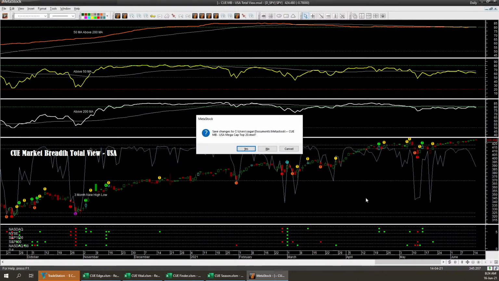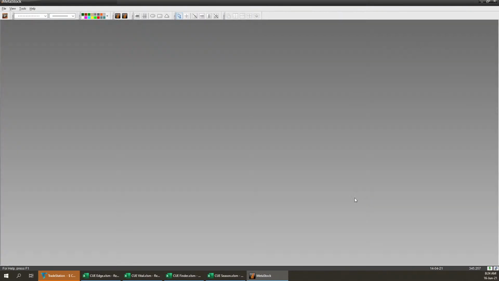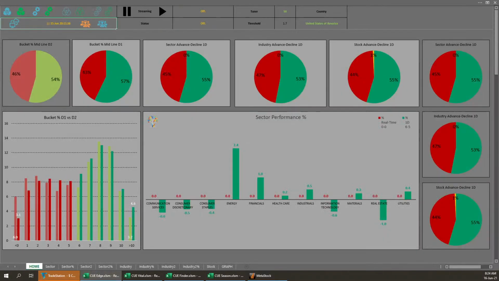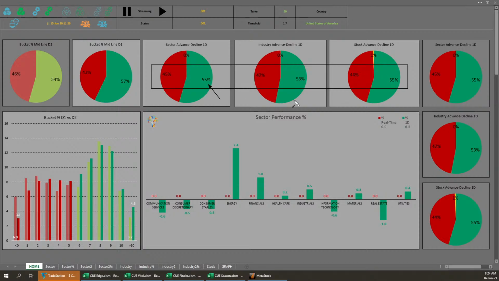Now let's look at the Q edge market breadth, see if there is some weakness found there. Yesterday was a mixed day. Sector percentage going up, industry percentage going up, stock percentage going up.